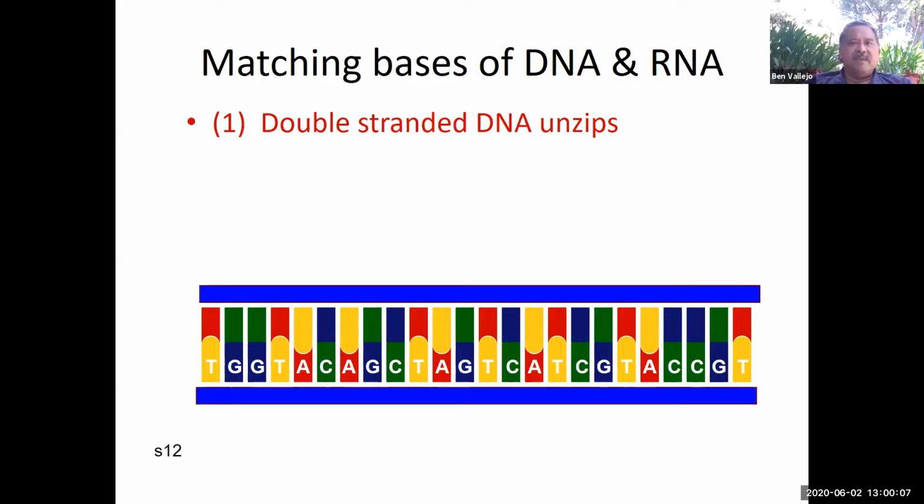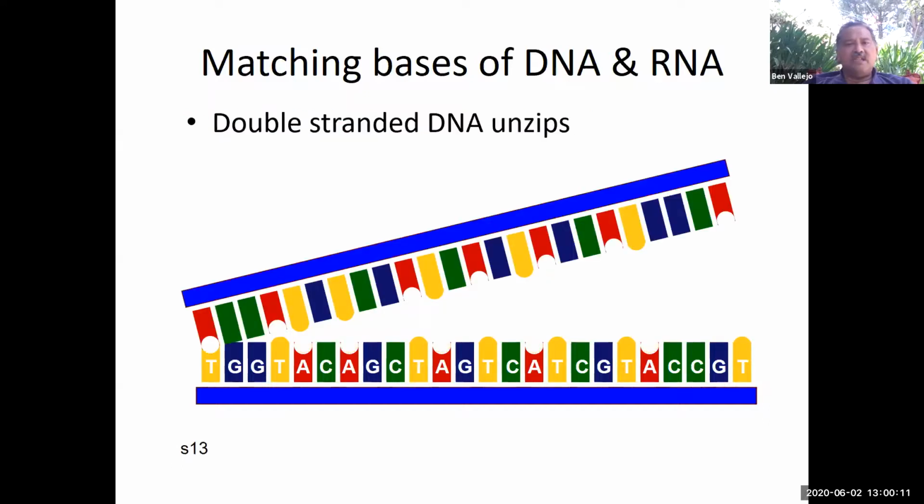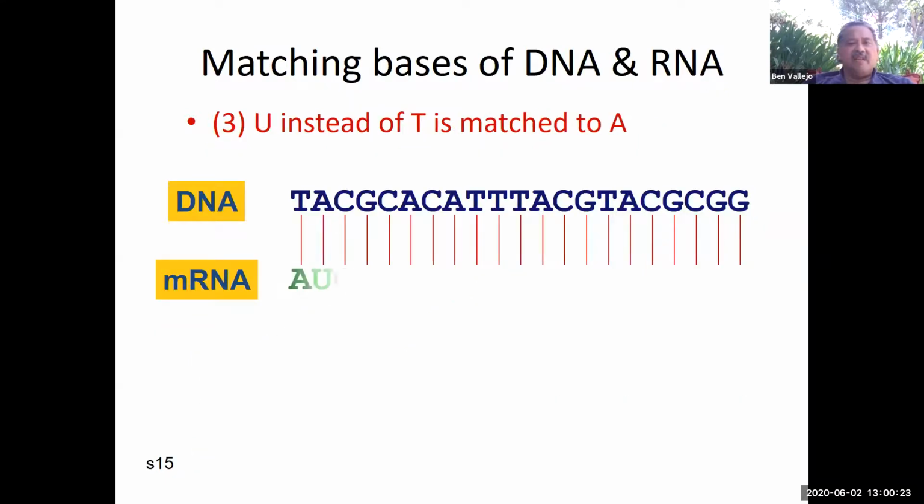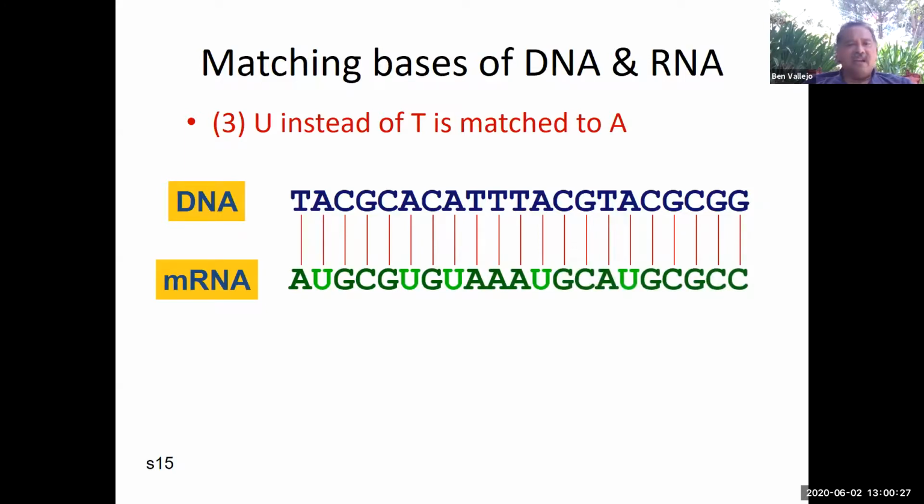So, matching base pairs of DNA and RNA: the DNA unwinds and unzips, and then the RNA polymerase reads the open DNA strand and puts those RNA bases in place. And so you can see it happens like this in the mRNA.